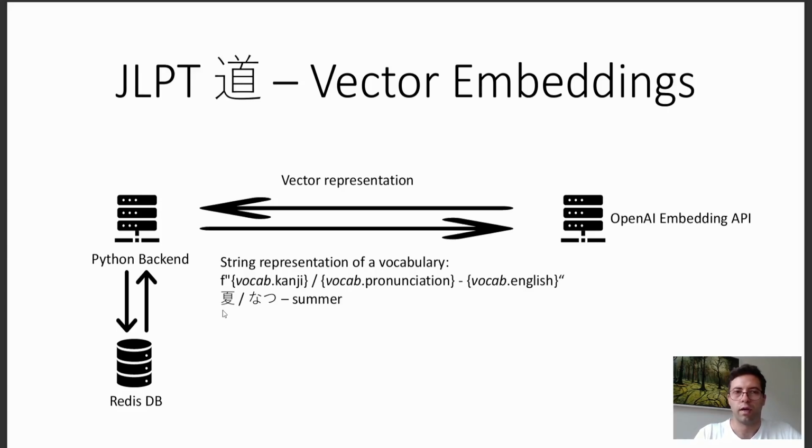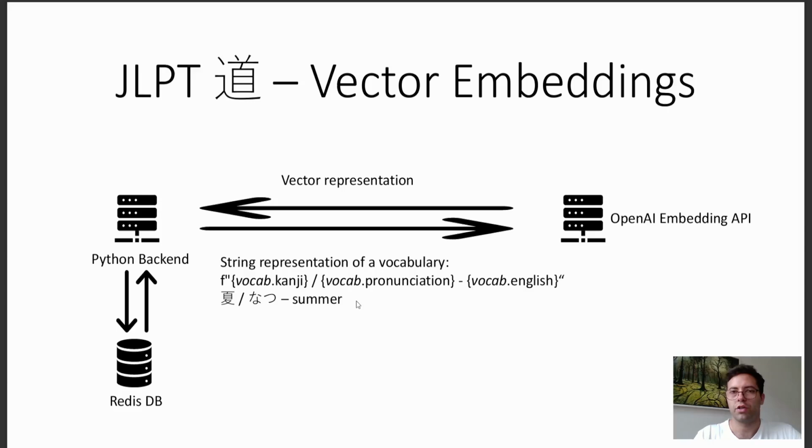Okay, first of all, I'd just like to show you how we are obtaining vector embeddings. So we have the Python backend. Then this Python backend builds a string representation of a vocabulary. So Natsu, the word for summer, is then represented using the kanji Natsu and summer.